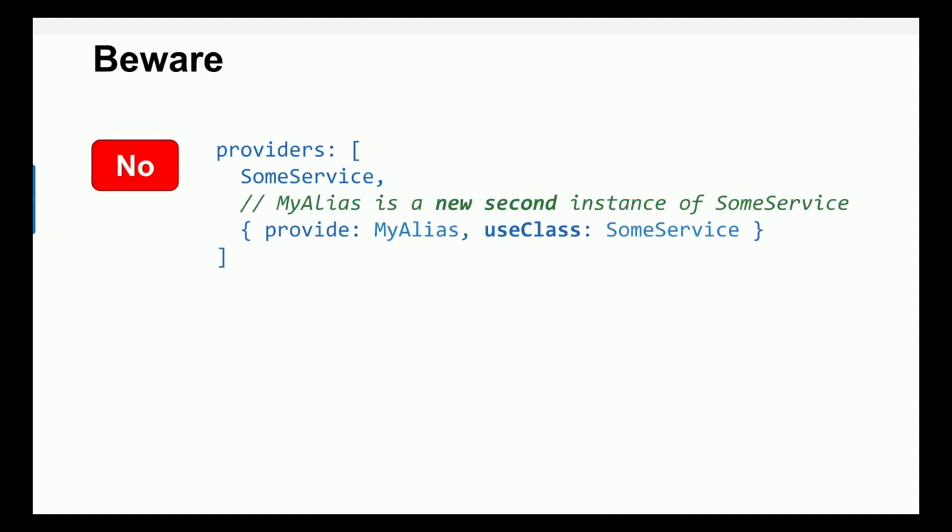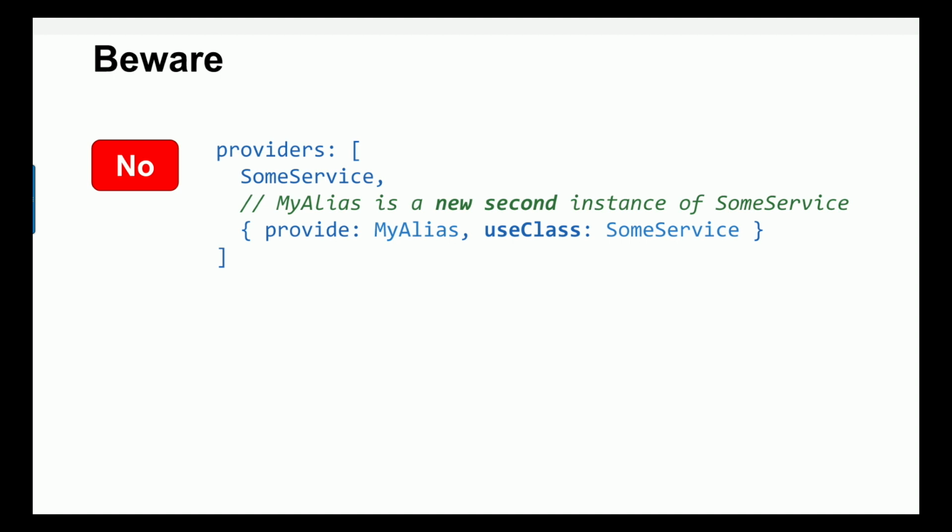Now, you got to be really careful with this because it's really easy to confuse use existing with use class. If you said use class, what you get is not a reference to the original some service. What you get is a brand new instance of some service associated with my alias. So now there are two instances of some service in the injector. And that can be a very subtle bug.